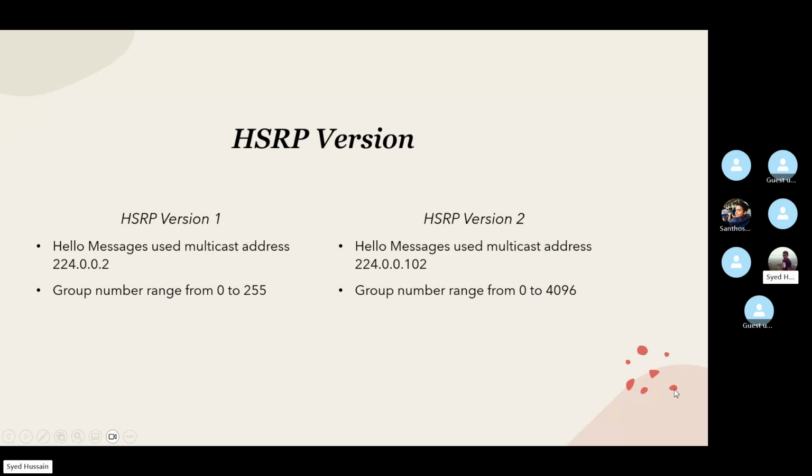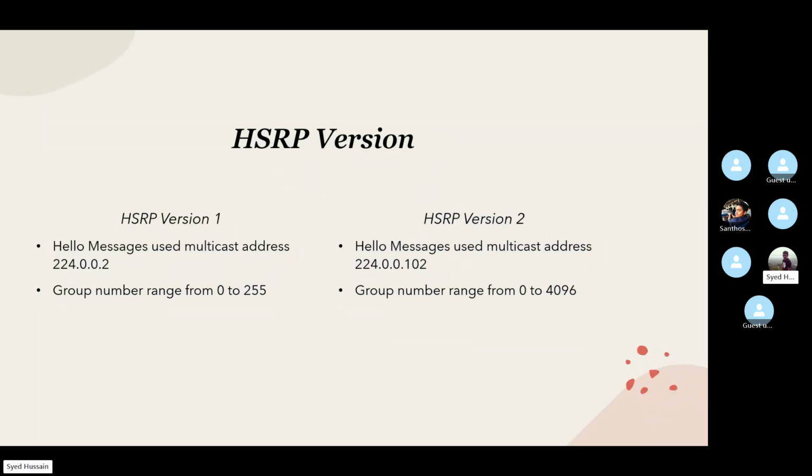Next, there are two versions of HSRP, version 1 and version 2. Version 1 uses the multicast IP address 224.0.0.2, and HSRP version 2 uses 224.0.0.102. These are the two versions with different multicast addresses.